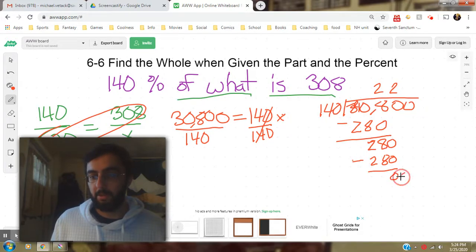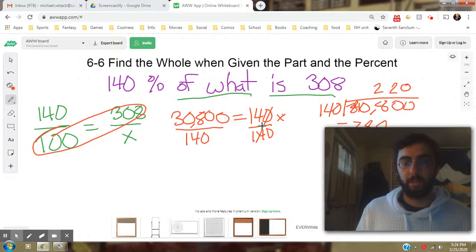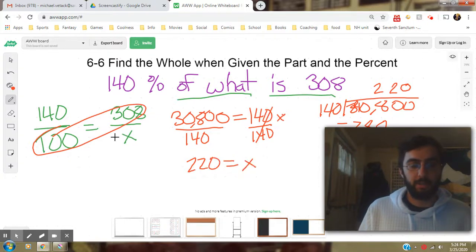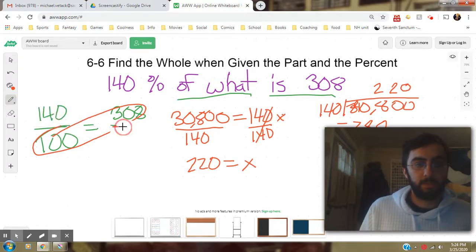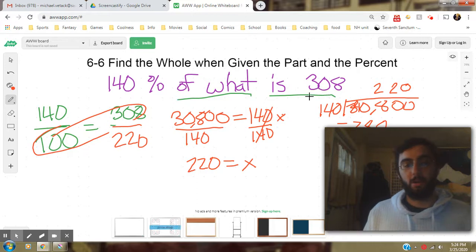Bring down the final 0. 140 goes into 0 times. And there we go. So 220. Now I have this side of the equation solved. 220 equals, only thing left over here is x. So x is 220. So basically, what that's saying is 140% of 220 is 308.